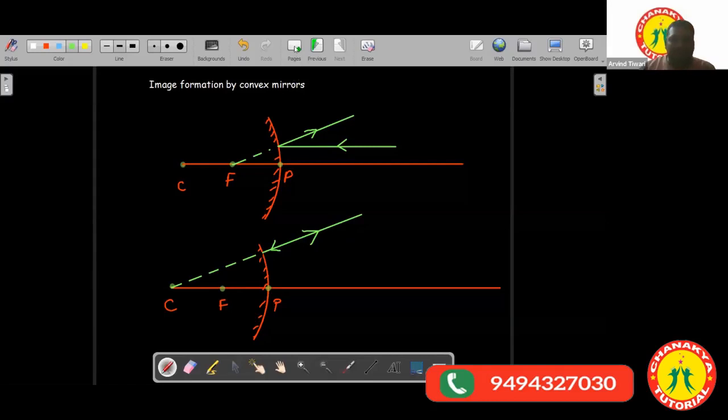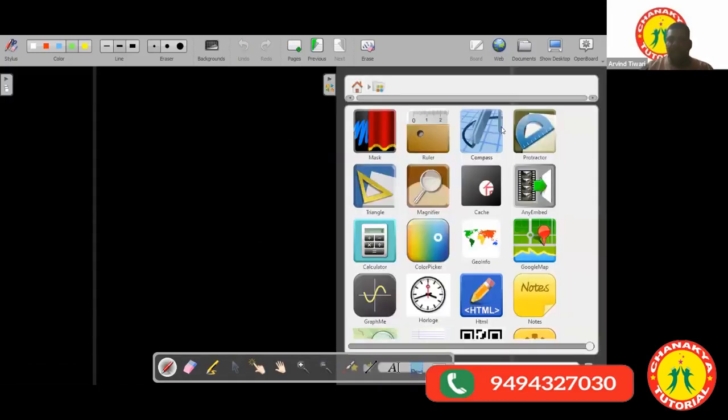Okay, so let's see when we place the object at infinity. So if you place your object at infinity, this is how it is going to work then.